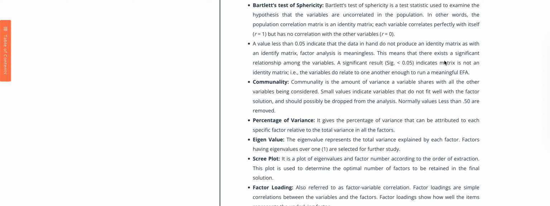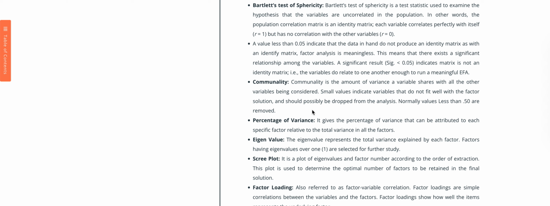This means that there exists a significant relationship among the variables. A significant result greater than 0.05 indicates the matrix is not an identity matrix, that is, the variables relate to one another enough to run a meaningful EFA.